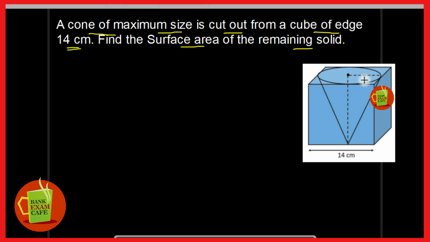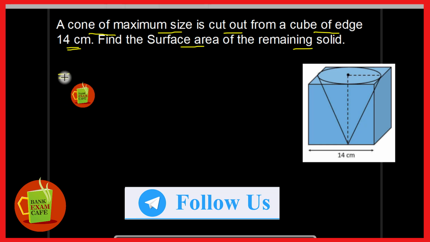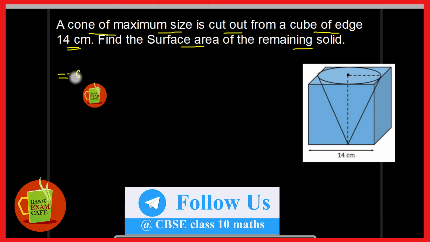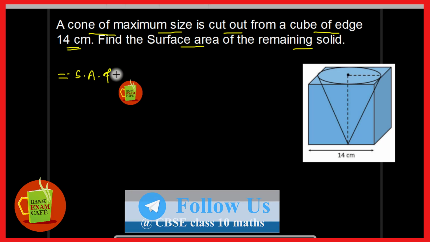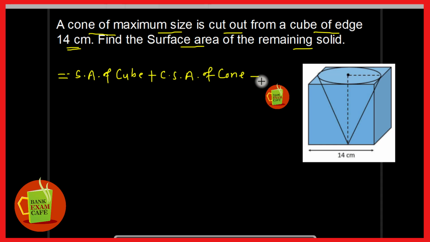Therefore we can write that the surface area of the remaining solid is equal to surface area of cube plus curved surface area of cone minus area of circle.